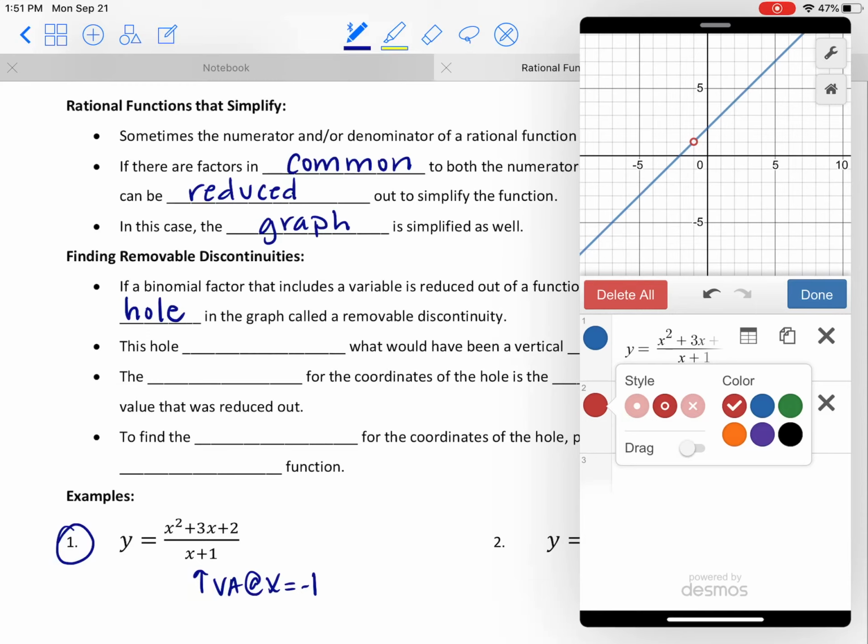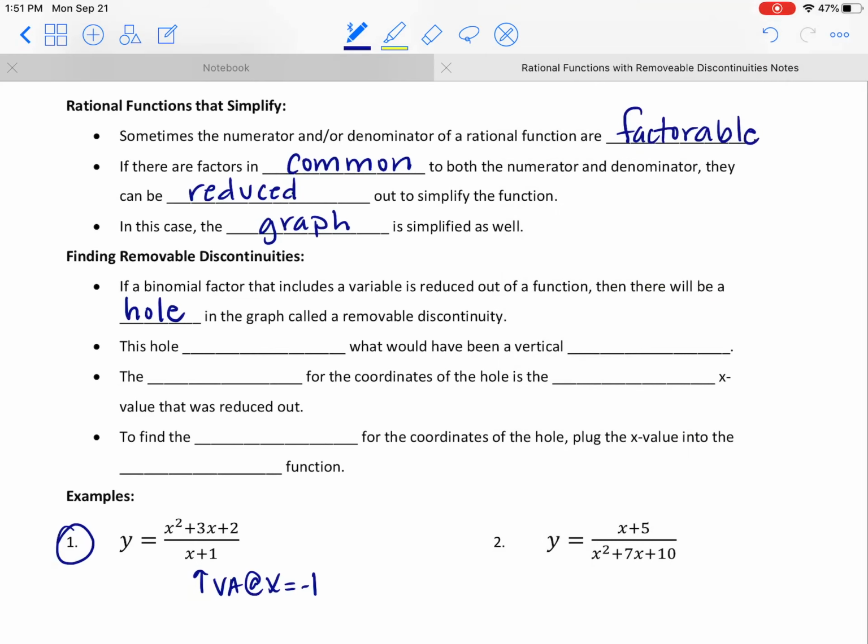There's a discontinuous point there, but it's not the same kind of discontinuity that the vertical asymptote creates. Okay, so if that binomial factor reduces out, there's going to be a hole in the graph that we call a removable discontinuity. This hole replaces what would have been a vertical asymptote.